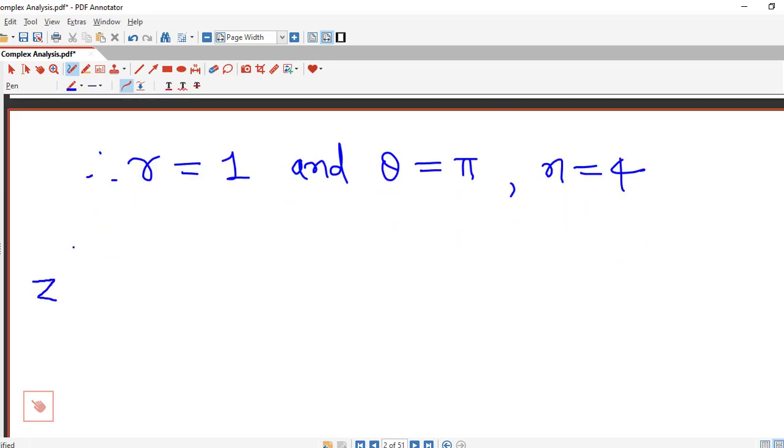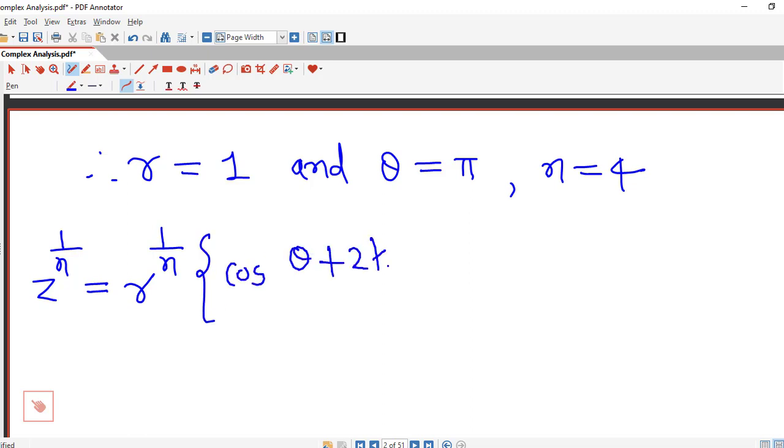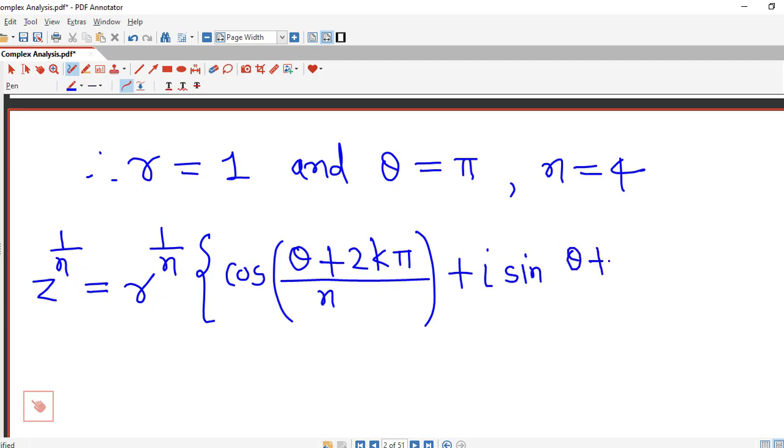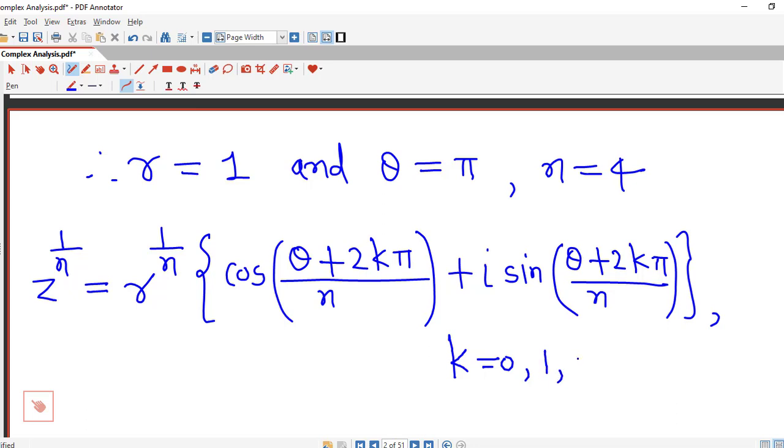If we use that formula, first we again write that formula: z raised to 1 by n is r raised to 1 by n, cosine of theta plus 2k pi divided by n, plus i sin theta plus 2k pi divided by n, k equal to 0, 1, 2 up to n minus 1.